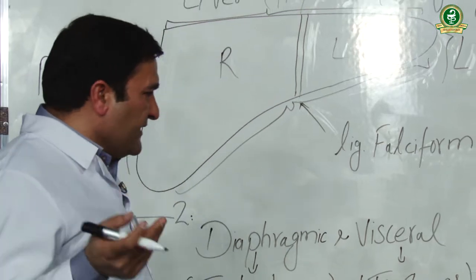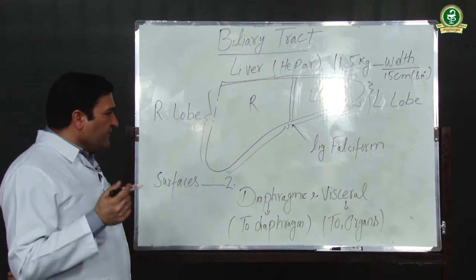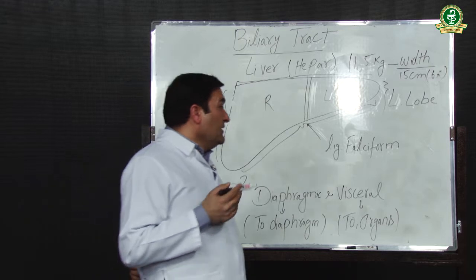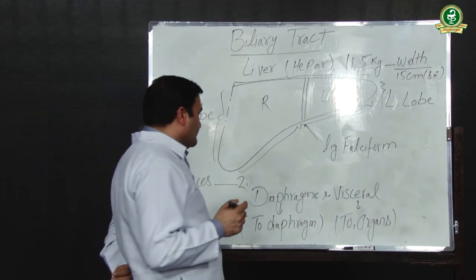On the left side there is the stomach, and on the inferior side of the stomach there is the pancreas. Near about there is the spleen.